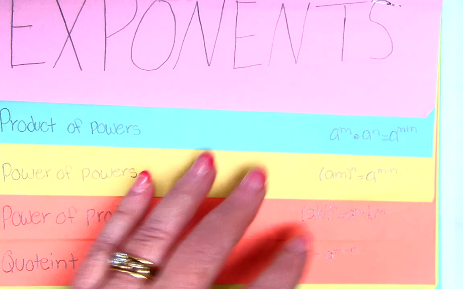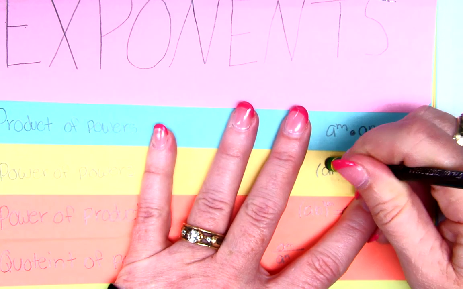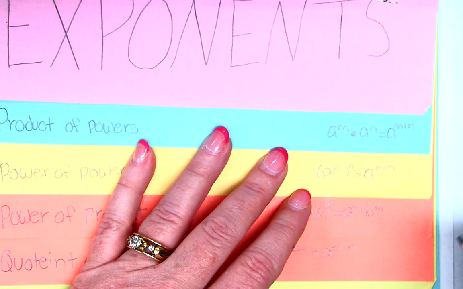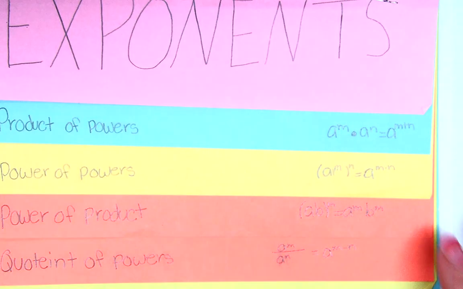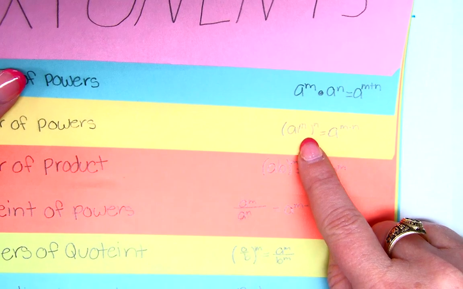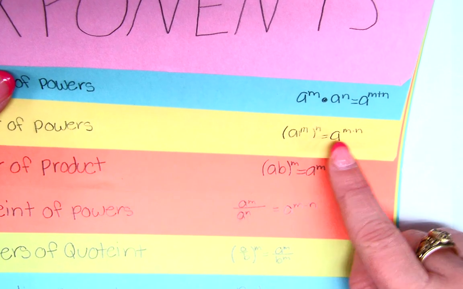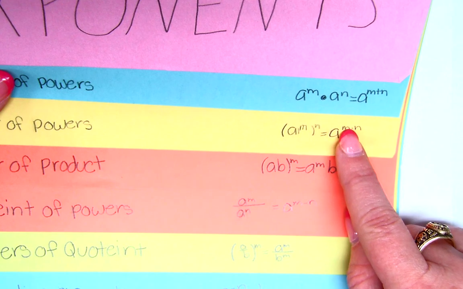Can I fix something on yours real quick? I'm going to fix that m and make it an exponent. Can't really see hers very well because it's in pencil. Can you say that okay? A raised to the m power raised to the n is the same as a to the m times n.